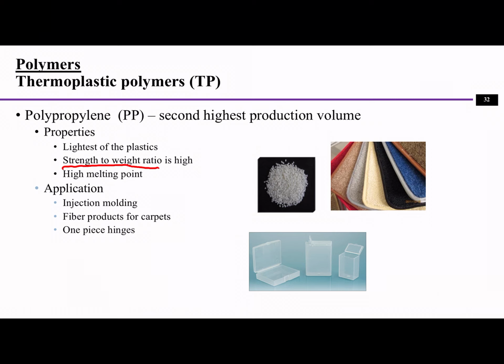Which means that if you are looking for a material or polymer with lower weight but really good strength, then maybe this is a good option for the part. And polypropylene has been widely used in injection molding, in some fiber products, carpets, and also one-piece hinges.